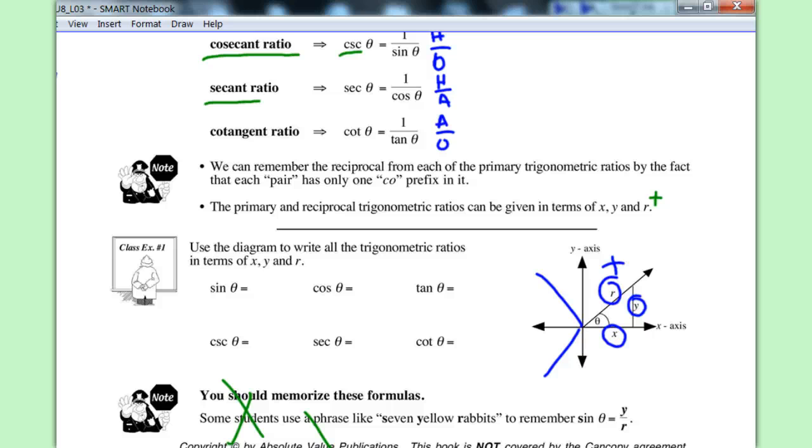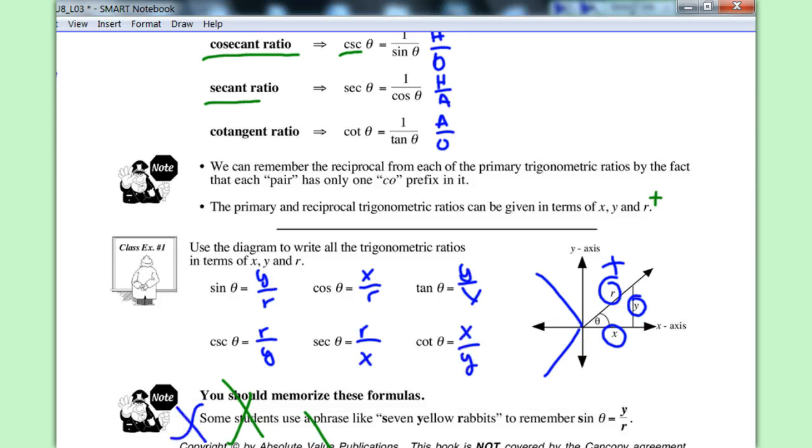Sine is y over r, cosine is x over r, and tangent is y over x. So cosecant, the reciprocal of sine, is r over y, secant is the reciprocal of cosine, so that would be r over x, and cotangent would be x over y.